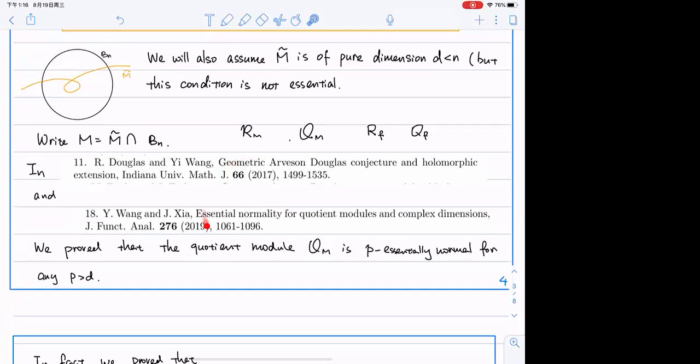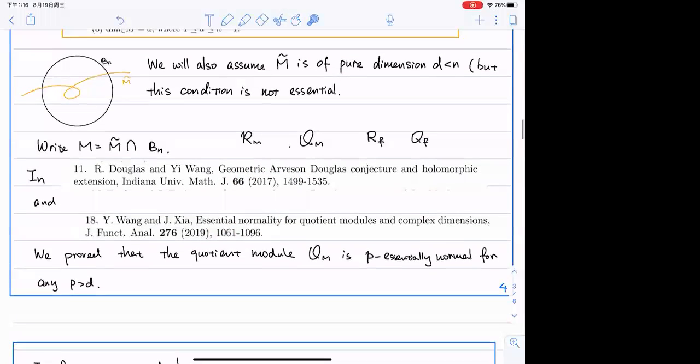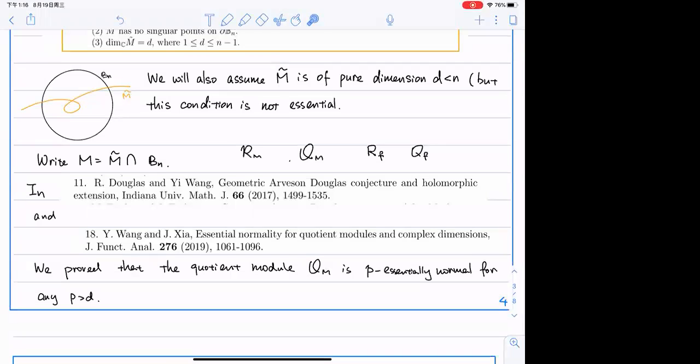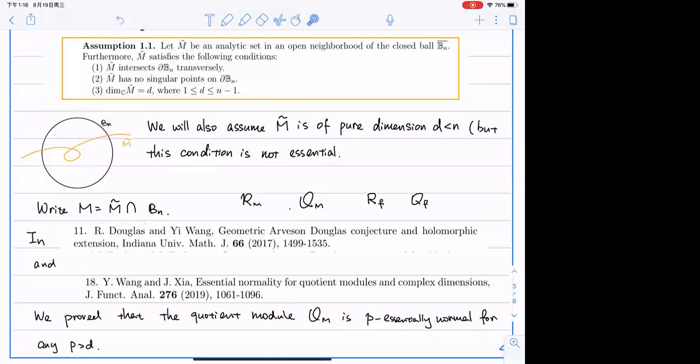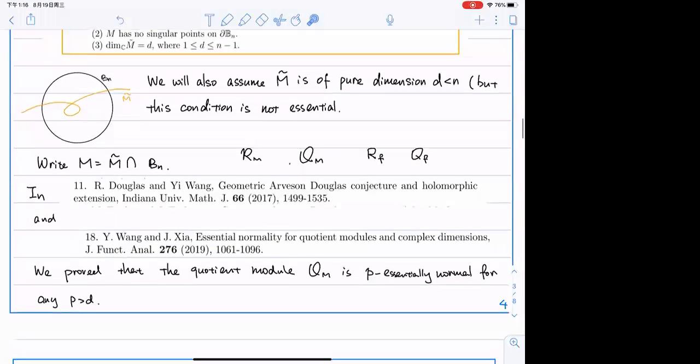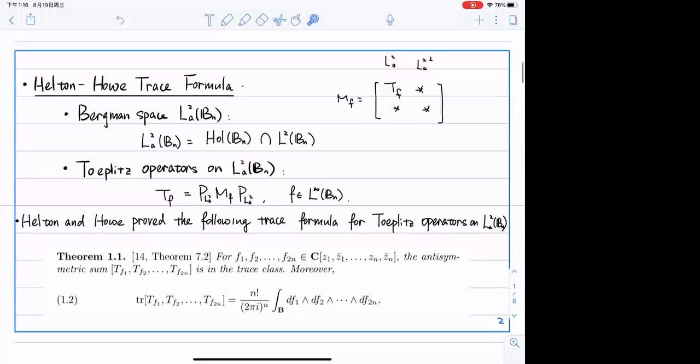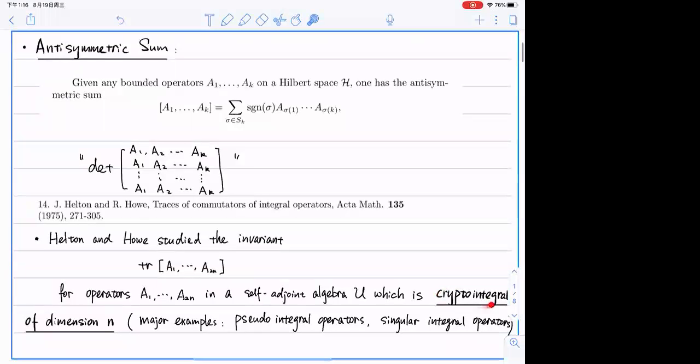This is a list of two papers. In those two papers, we prove that the geometric Arveson-Douglas conjecture holds under this assumption. Once we prove this, we know that Q_M and R_M fit into the framework of the so-called essentially normal operators of dimension n.